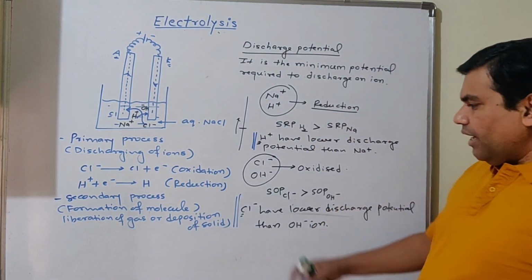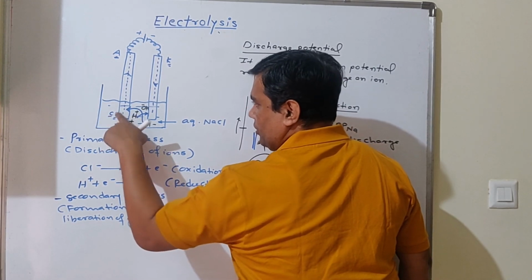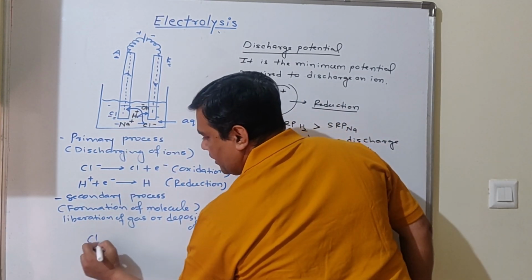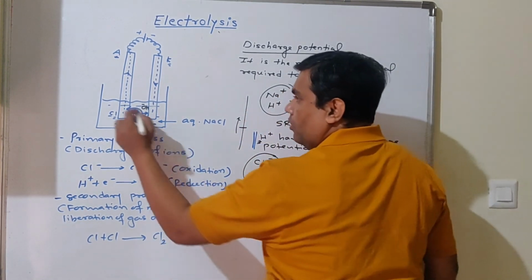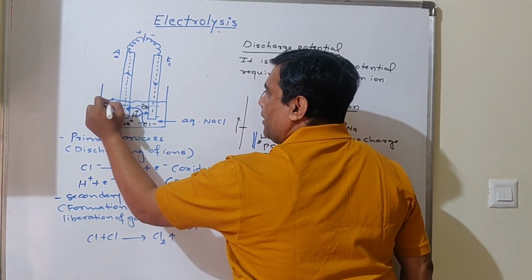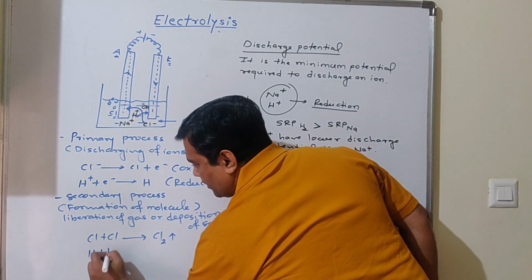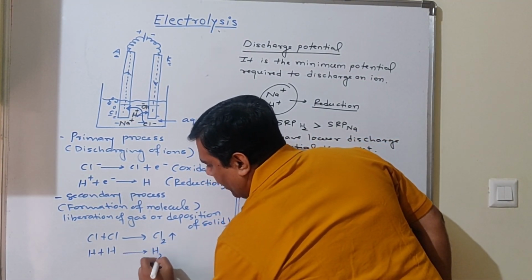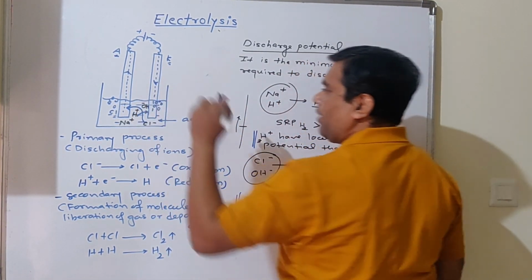So we just look at this particular phenomenon. What will happen over here: Cl and Cl, two Cl will combine to form Cl2 gas. So chlorine gas will be liberated at anode, whereas H and H combine to form H2 gas, and hydrogen gas will liberate from cathode.